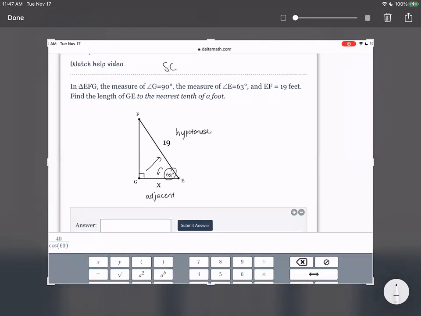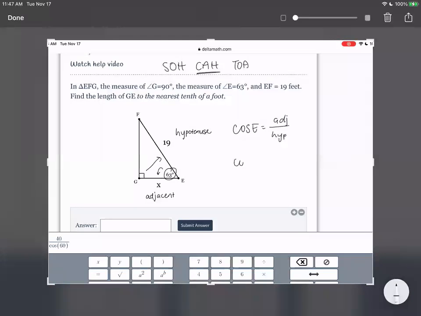Okay, so once again, SOH CAH TOA, which one uses adjacent and hypotenuse? CAH, which is cosine. So cosine of the angle is equal to adjacent over hypotenuse.